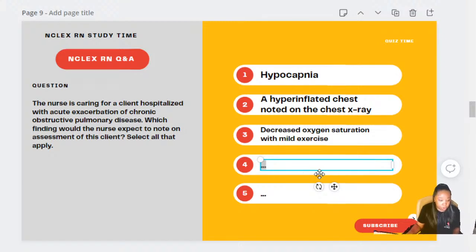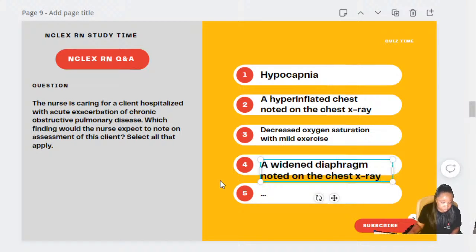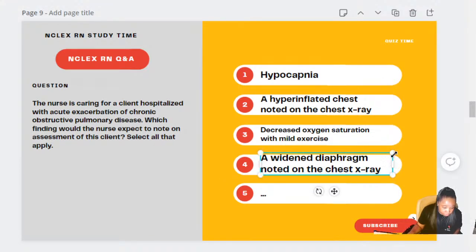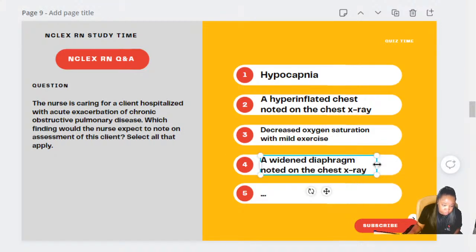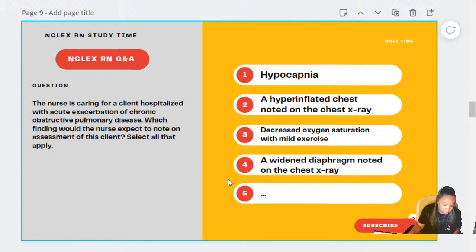So the third one says wide diaphragm on the chest x-ray. For a patient with COPD, the diaphragm will not be wide. Okay?